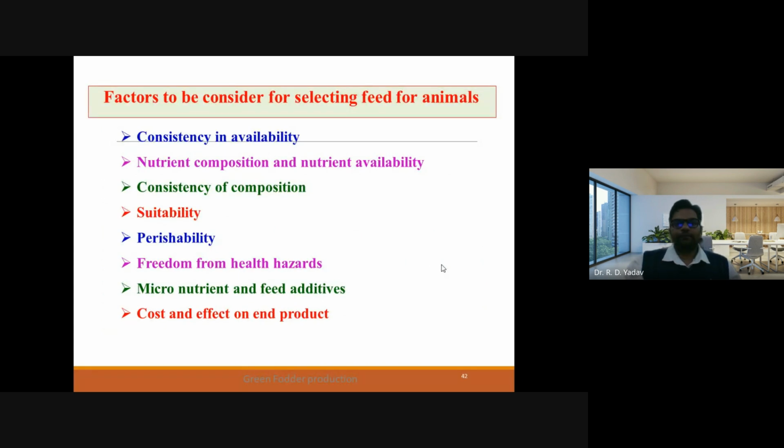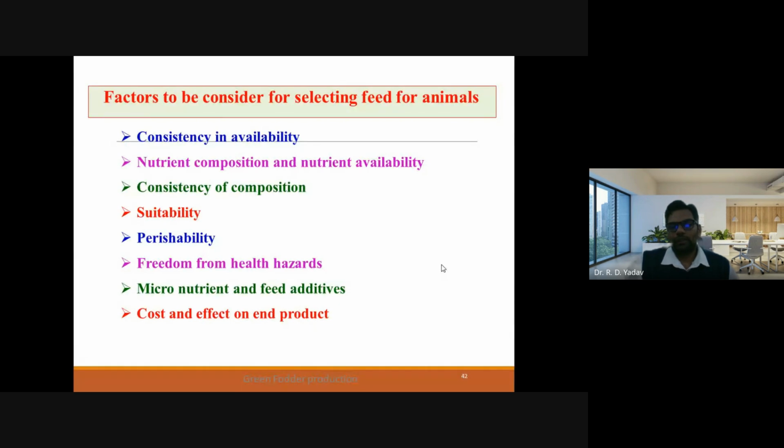These are the factors for considering the selection of feed for the animal. The first important is the consistency of availability, nutrient composition and nutrient availability, consistency of composition, suitability, and perishability, freedom from health hazard, like it should not contain any anti-nutritional factor.